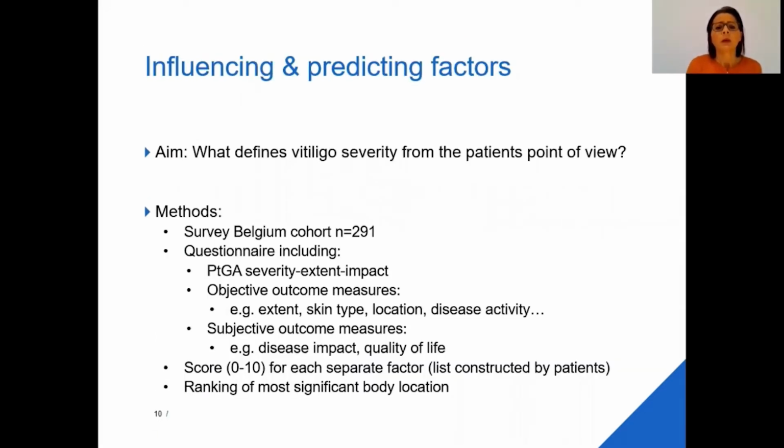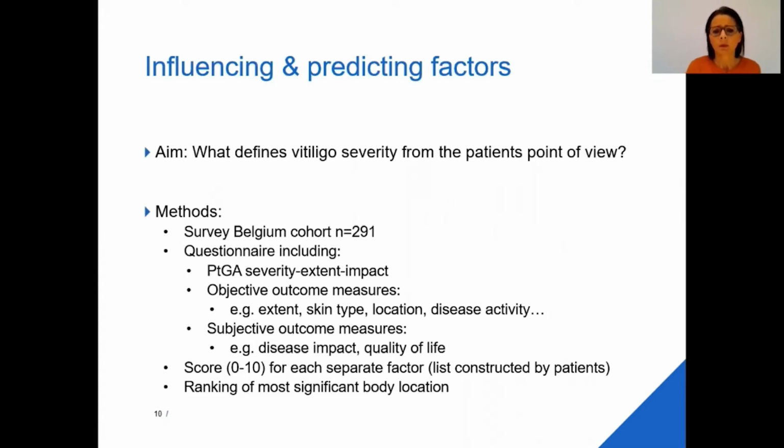And subsequently, we investigated the influencing and predicting factors on the PGA for severity. And this was done based on a survey. We used a questionnaire that included the PGA for severity, extent, and impact, but also objective outcome measures such as extent, skin type, location, and disease activity.